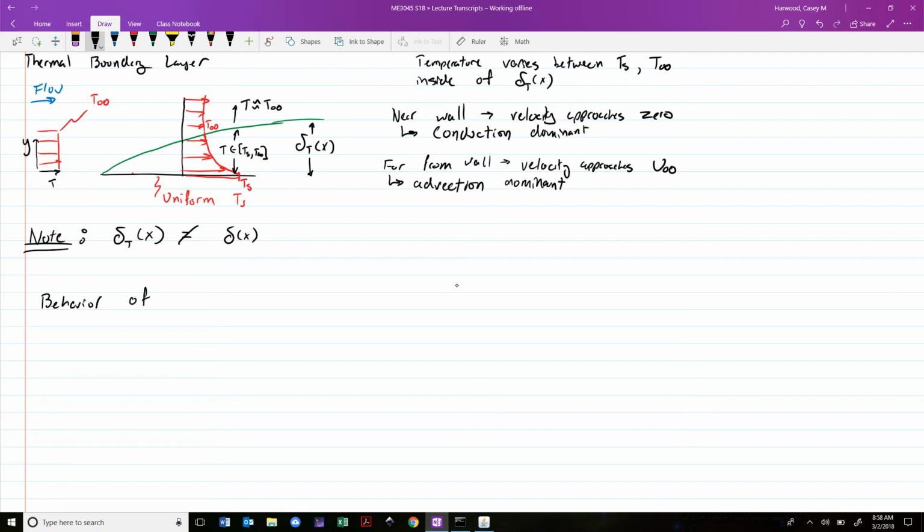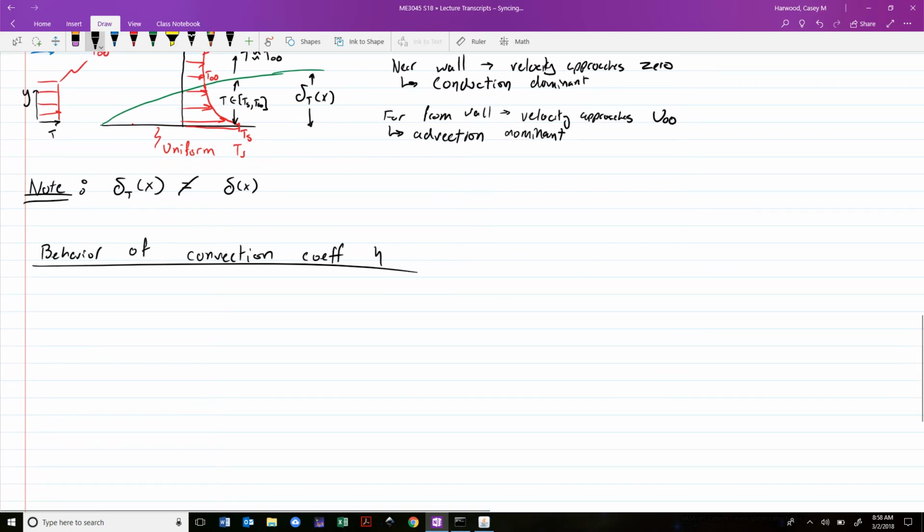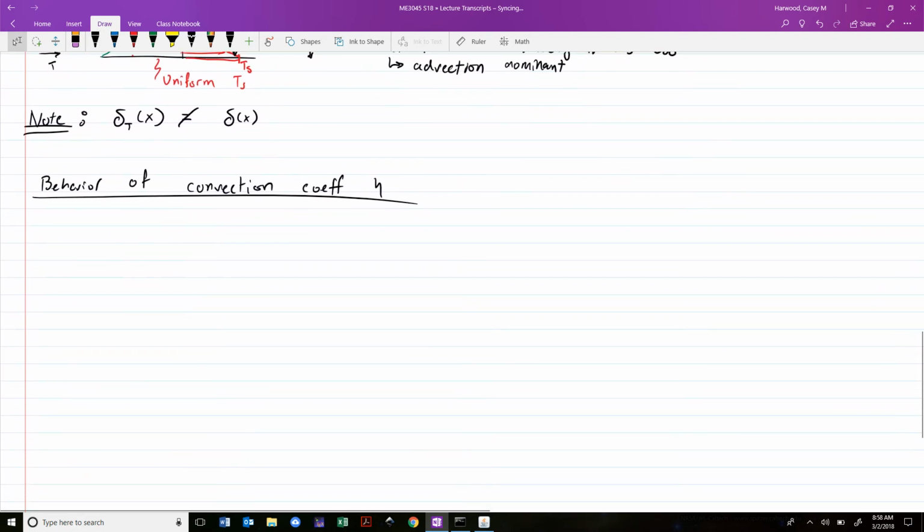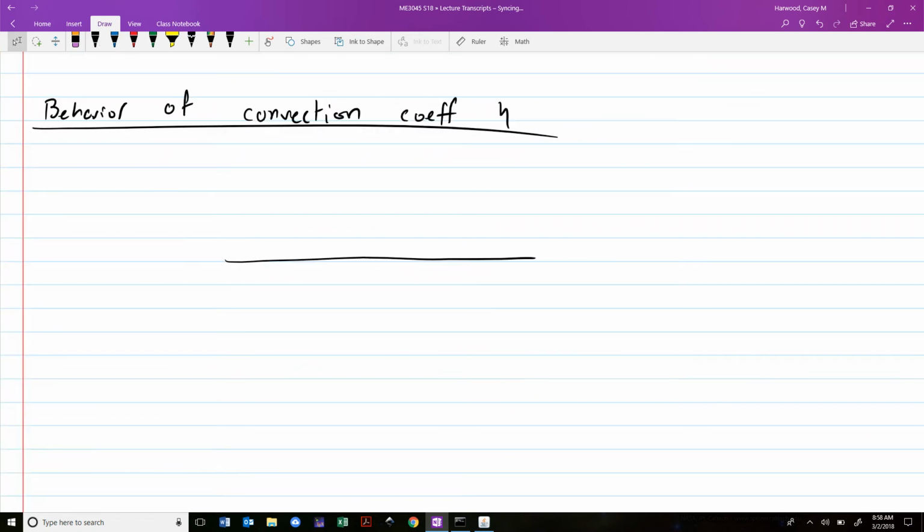Behavior of the convection coefficient h. So I want you to consider, again, we're going to set up a similar scenario where we have some surface. We'll say that this is y.